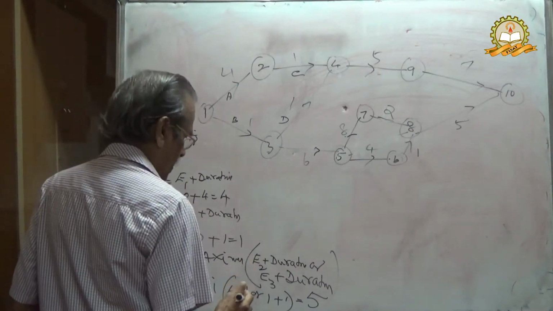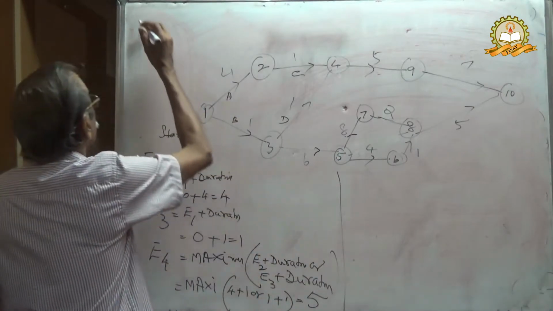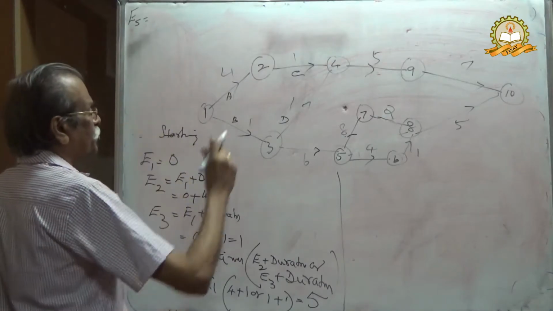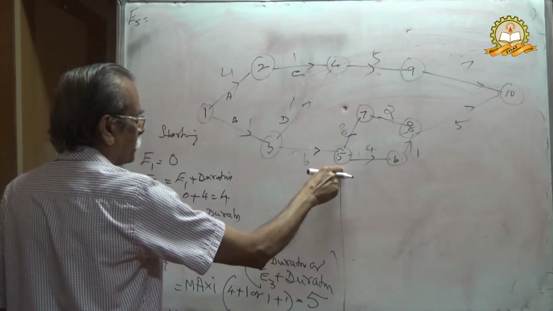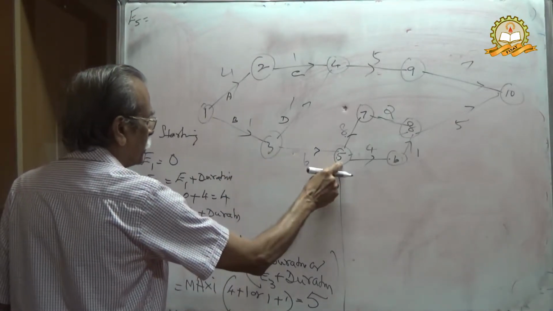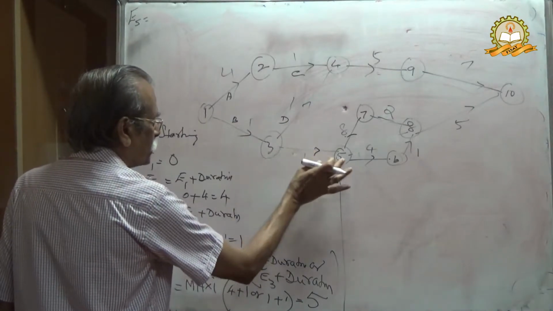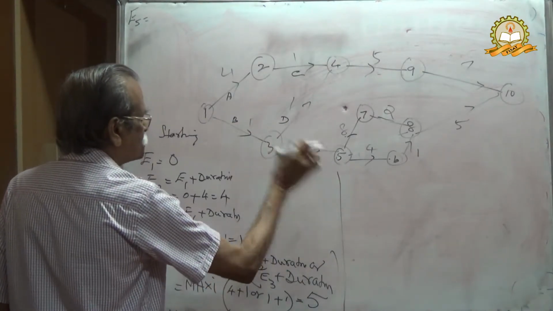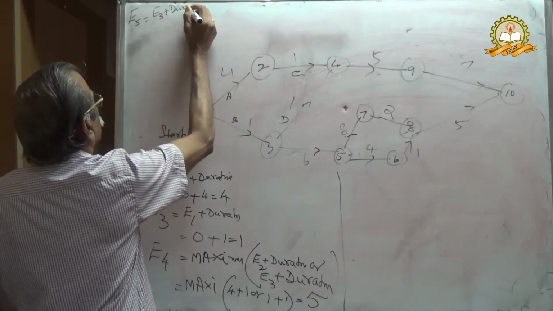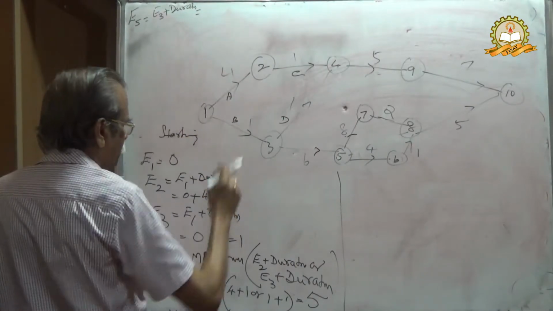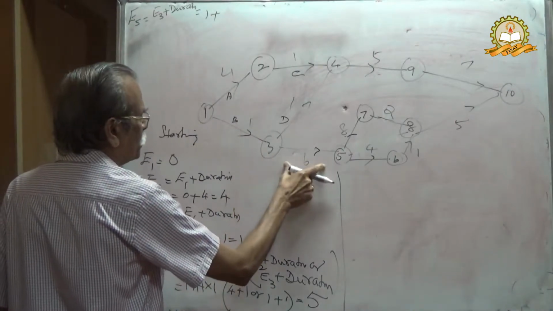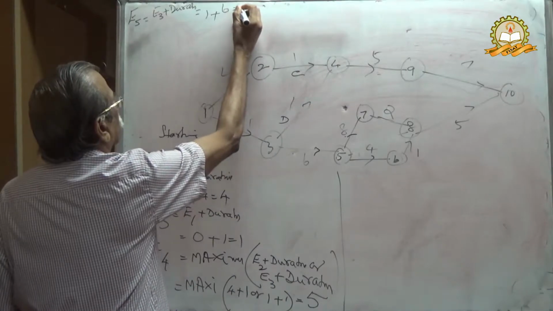Then we calculate E5. E5 is here; you can see 1, 3, 5. Therefore, E5 will be E3 plus duration, that is 1 plus duration 6, equal to 7.